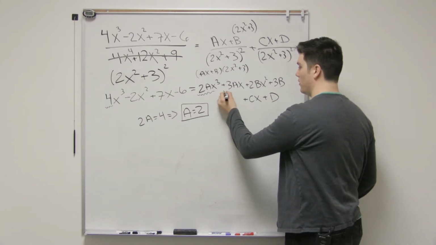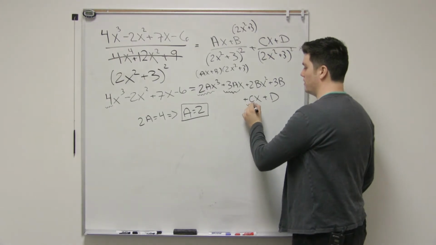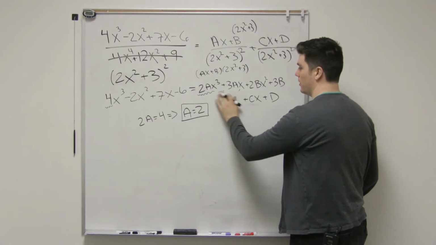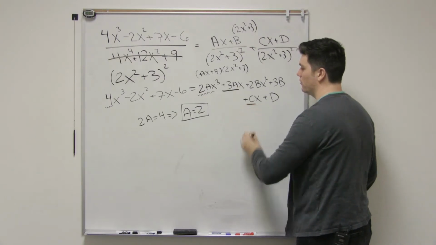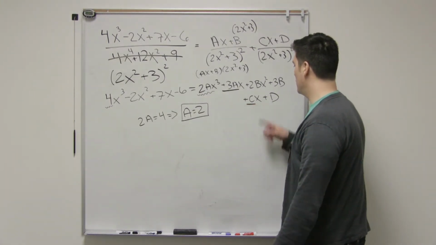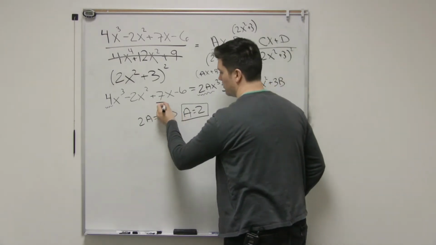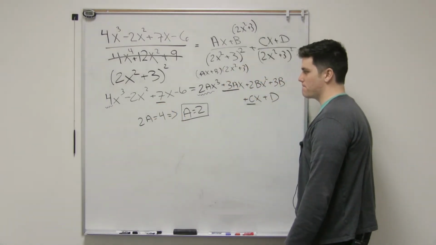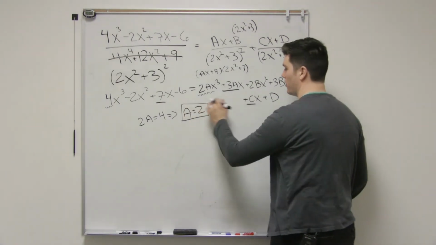Here we've got a 3ax and a cx. 3a plus c, times x, equals 7x. I don't know why we skipped over x squared. There was no reason for that, but let's go and run with this now.